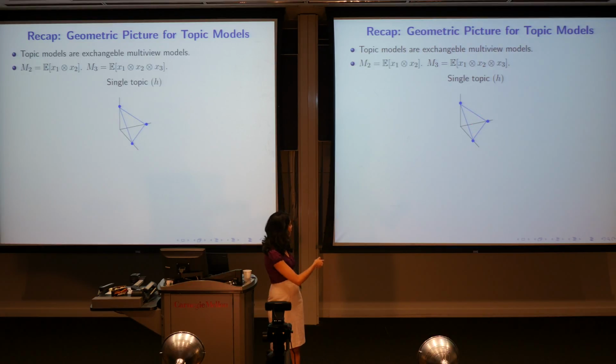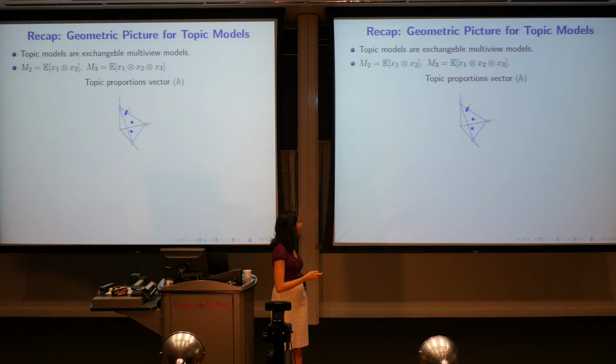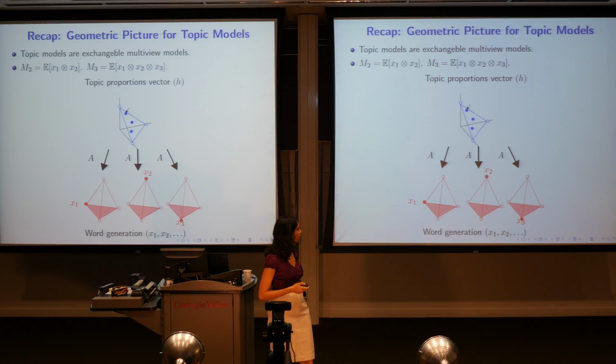Whereas in the single topic model, this latent variable only takes basis vectors as its realizations, meaning that the only possible realizations are the vertices of this simplex, because they correspond to the basis vectors. In general, each document could now be any point in the simplex, so we are allowing for mixed topics in the document.